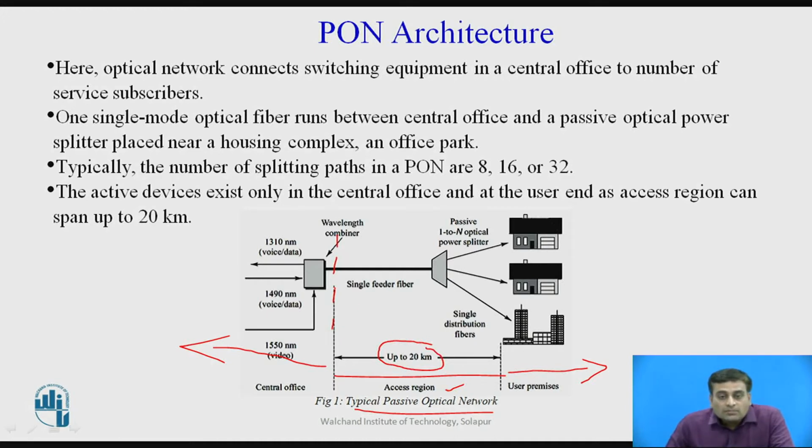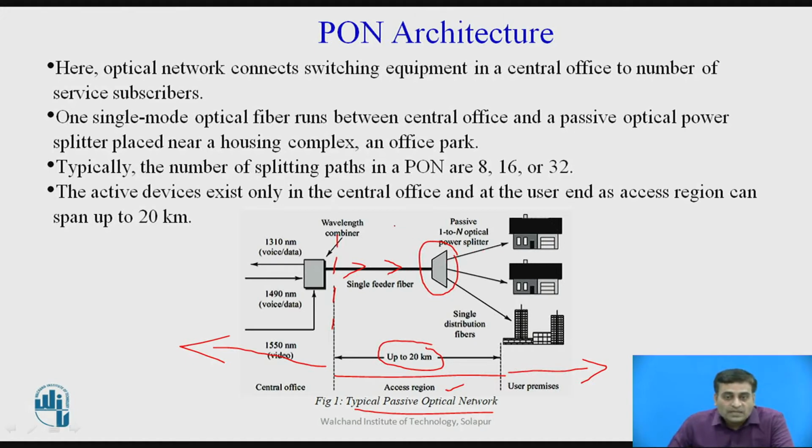Now, between the central office and the customer premises, only a single optical fiber is present. This optical fiber is connected to a power splitter. This power splitter simply divides the power into n outgoing paths.